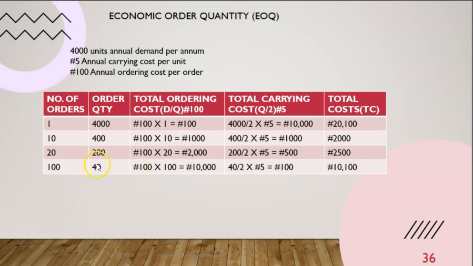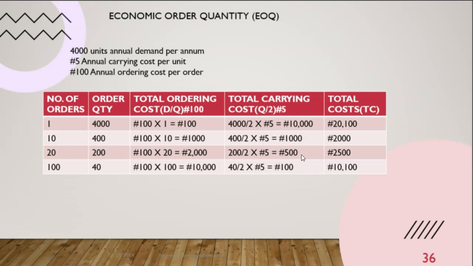If we go down to making 20 orders, our ordering cost will be 2,000 and our carrying cost will be 500. So you discover that the two costs behave in a way that when one is up, the other one is down. When the one is down, the other one is up.